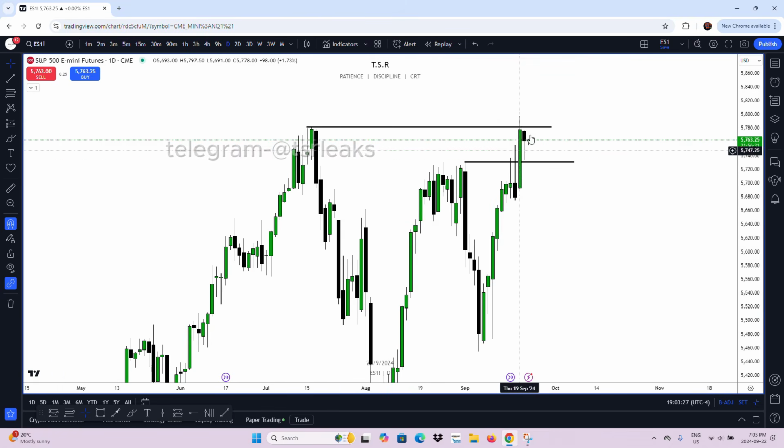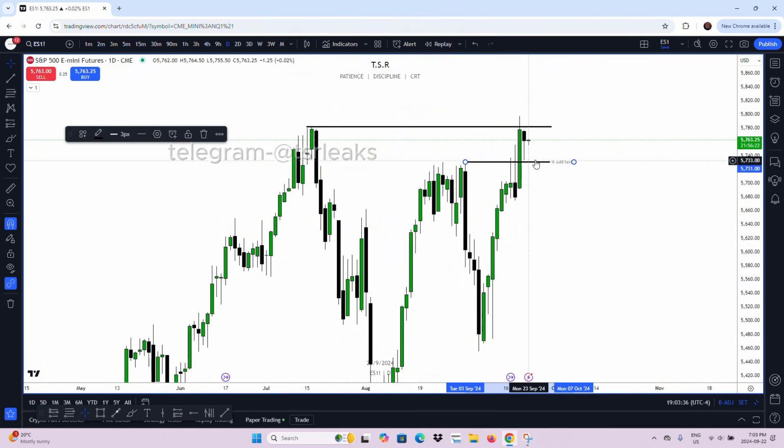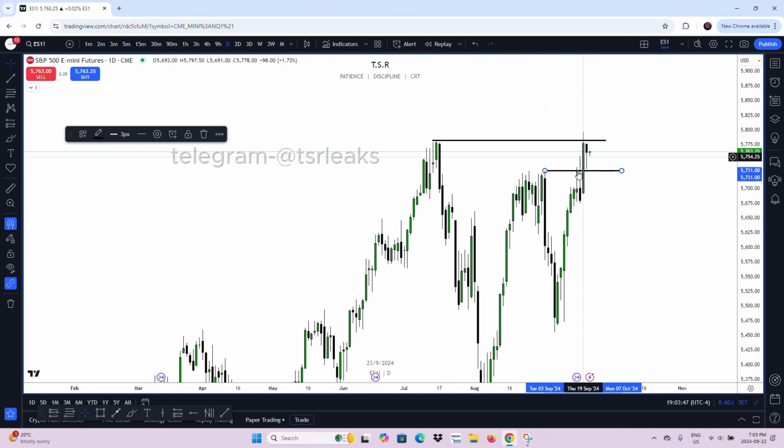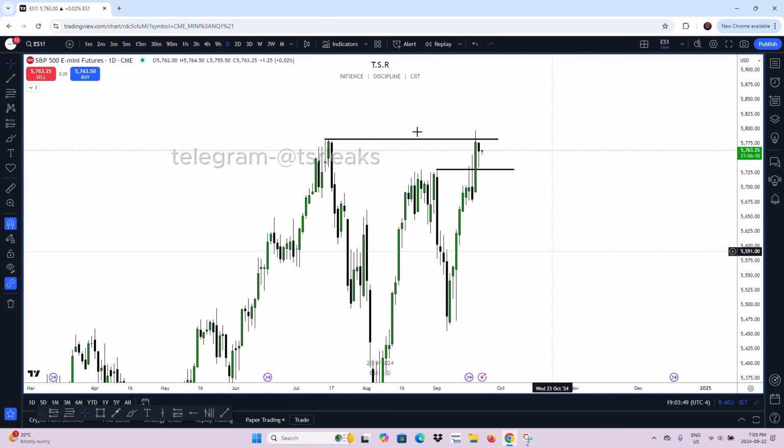Look for entries to get bearish, to get short, tapping this key level. Once price hits this key level, you want to see how it will react and how it will push prices back up.